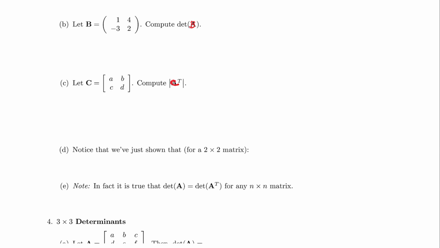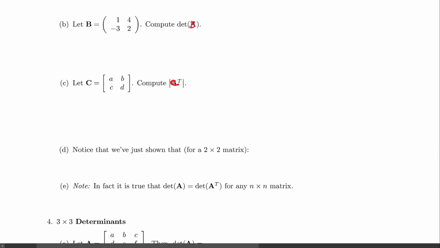Okay. So let's say we were given B. It's a 2 by 2 matrix. Let's go ahead and compute the determinant of B. The determinant of B, in this case, would be the product along the first diagonal, 1 times 2, minus, and that minus sign comes from the formula, the product along the other diagonal, 4 times negative 3.